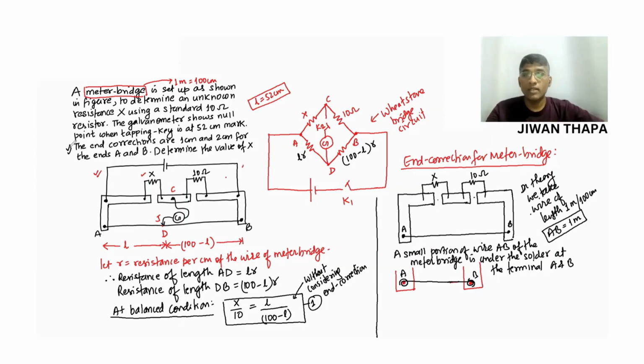So when we consider that small portion of the wire in calculation, we have to use the concept of end correction.